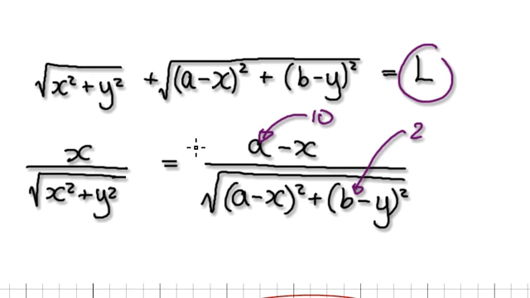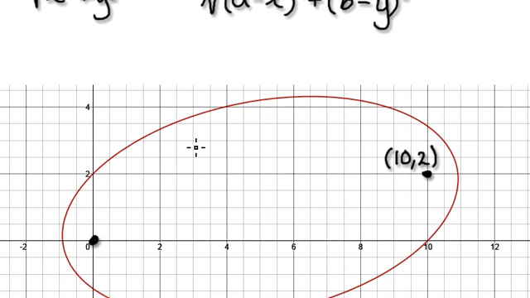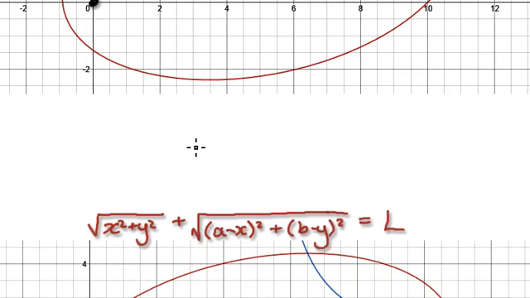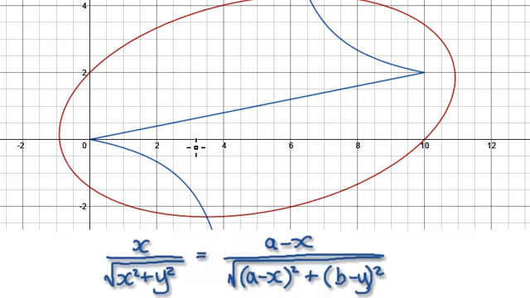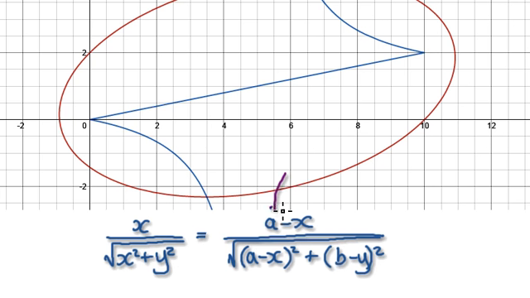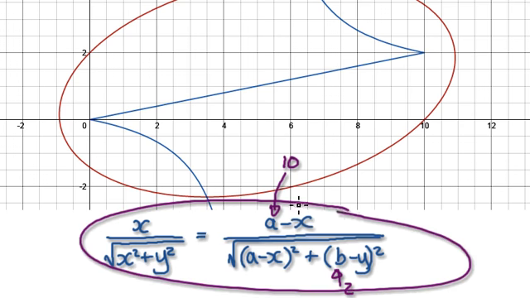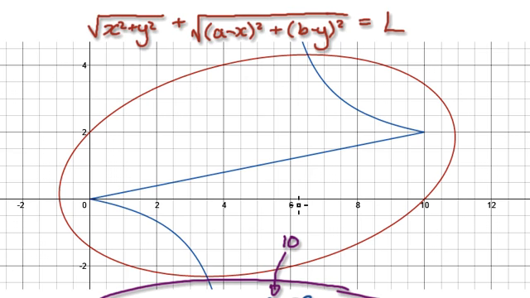So get a graph plotter and plot this, where you insert 10 into the A, and then insert the 2 into the B, and then if you plot this whole thing here, it will give you this blue line here.